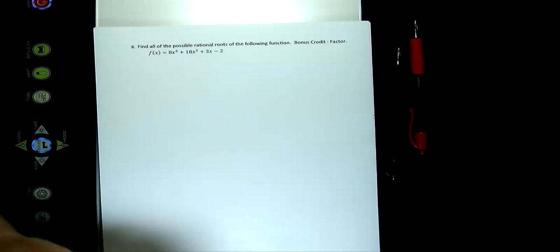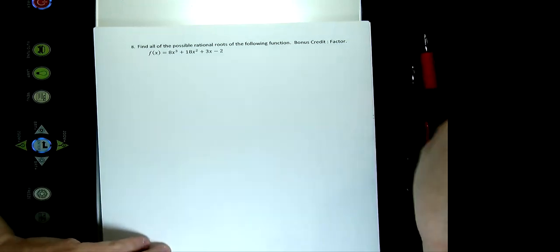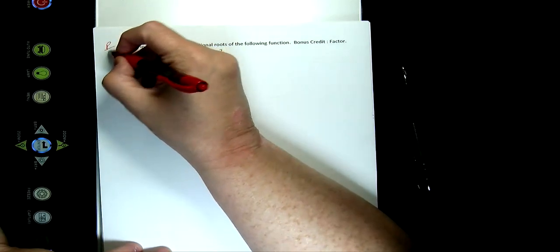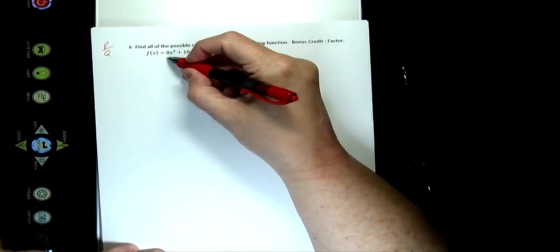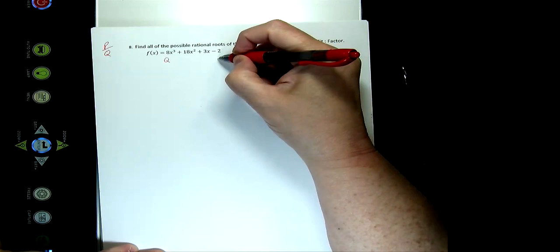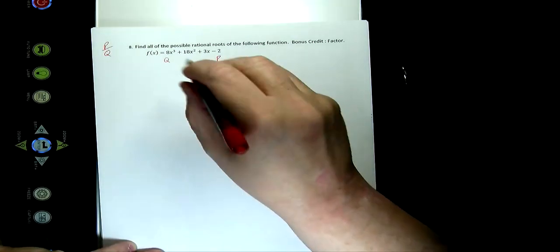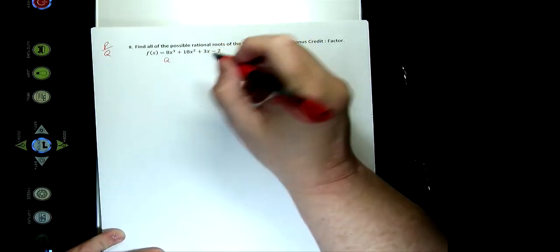All right, when we do all the possible rational roots, we are doing that p over q stuff. q is the coefficient of the first term and p is the constant. So I want all possible combinations of p over q, the factors of p over q.